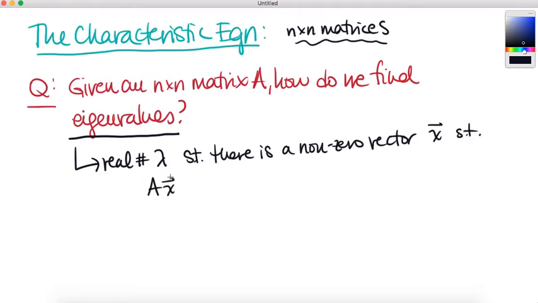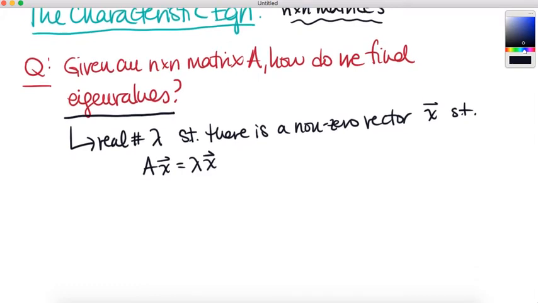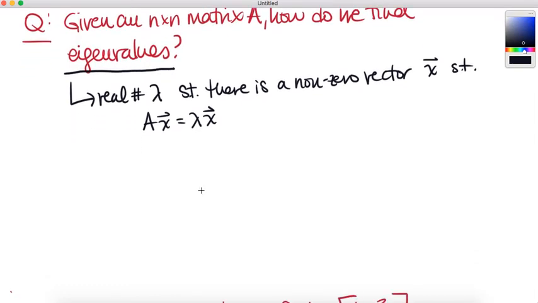So when we multiply x by our matrix, what we get is just a scalar multiple of that same vector, and lambda is that scalar. So this is the type of thing we're talking about, and we want to be able to find this lambda.